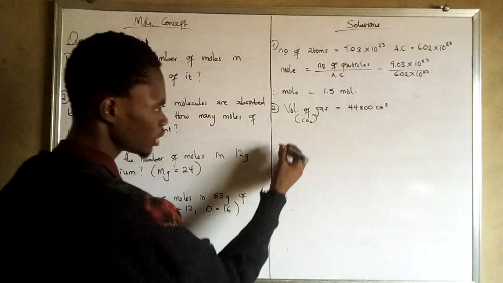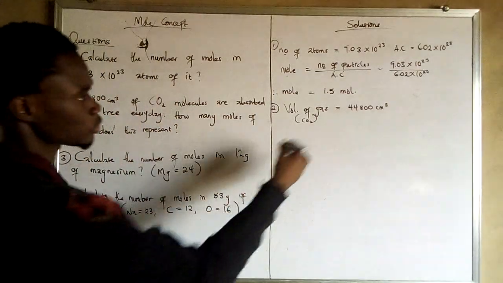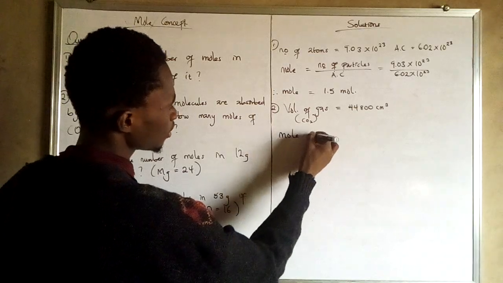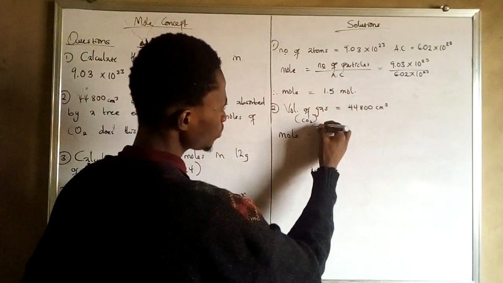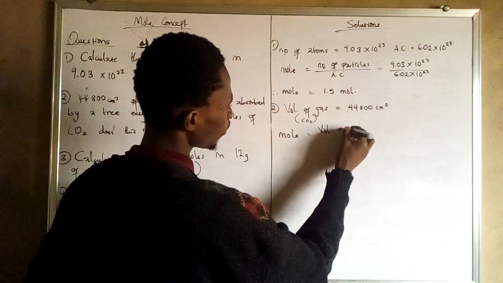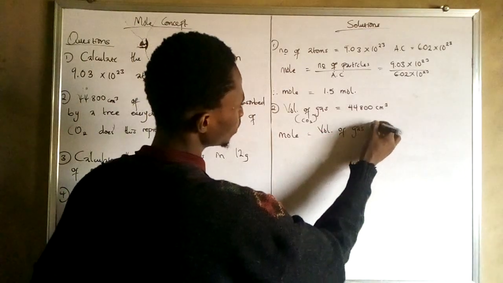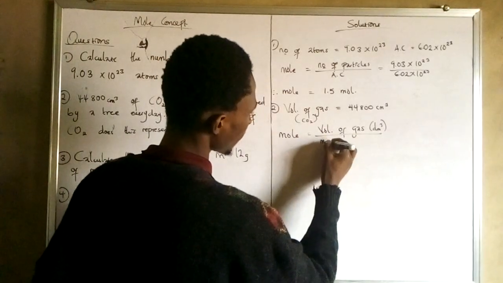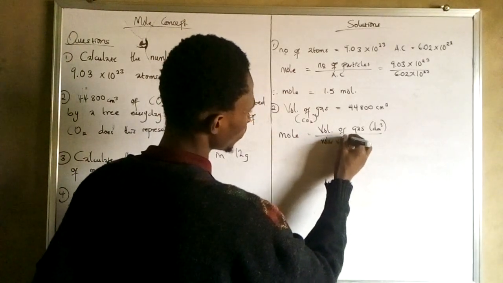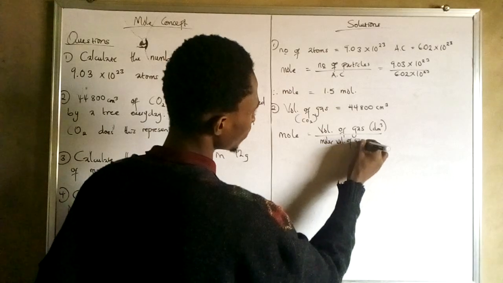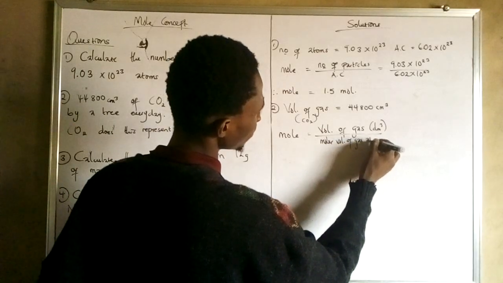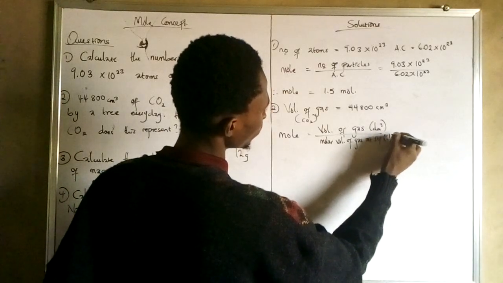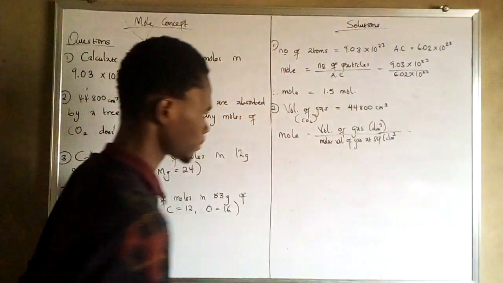There is a formula which you can use to solve a question like that, and that is mole is equal to volume of gas in dm3 over molar volume of gas at STP, which is also in dm3.